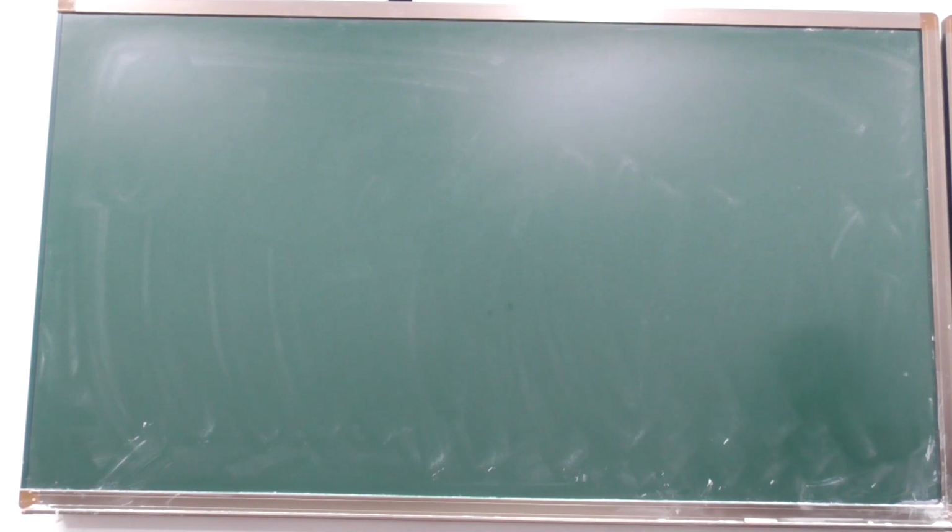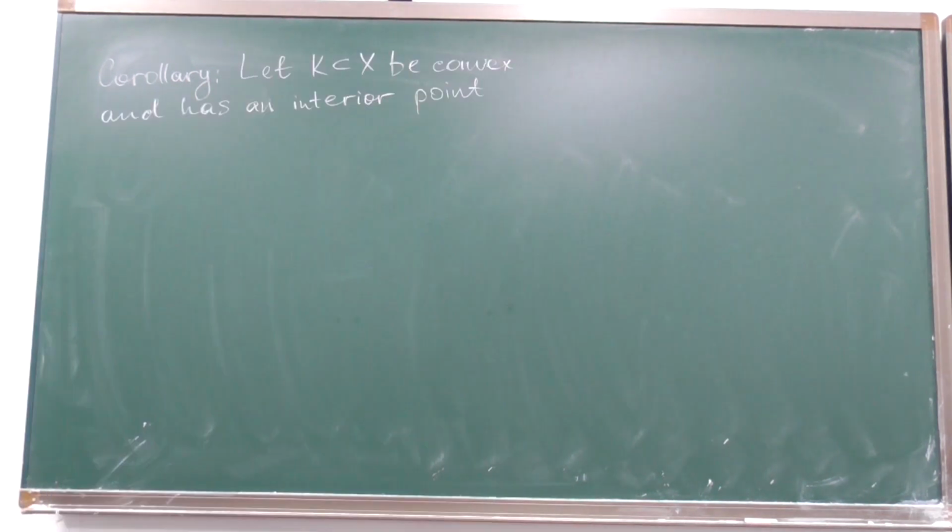Let me state a corollary of this theorem. So let K be a convex set with at least one interior point. So we drop the condition for the set K to be open. It can be any set, we just want that it has at least one interior point.